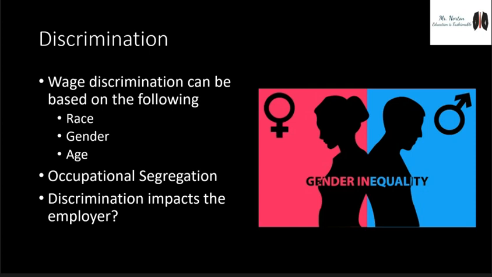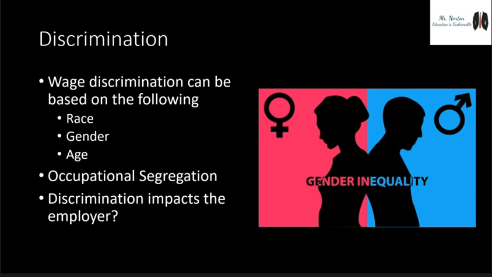Let's see. Discrimination in the case of race, gender, and age also doesn't hurt just the person who's the employee. It hurts the employer because if, let's say, I didn't like a certain race, and because of that, I chose to pay people of that particular skin color a lower wage rate, or I chose to pay women a lower wage rate, and I hire men or people of a preferred skin color instead of those people.